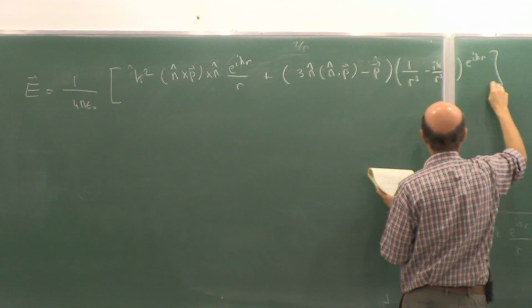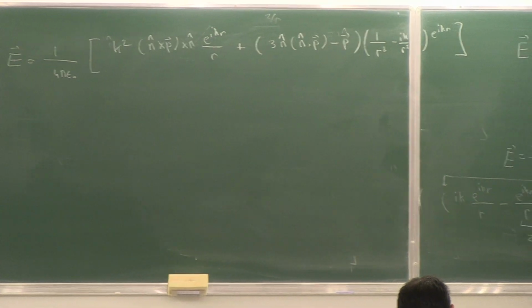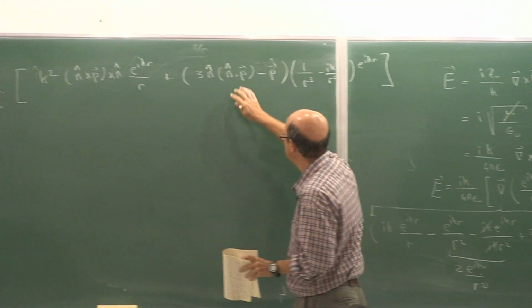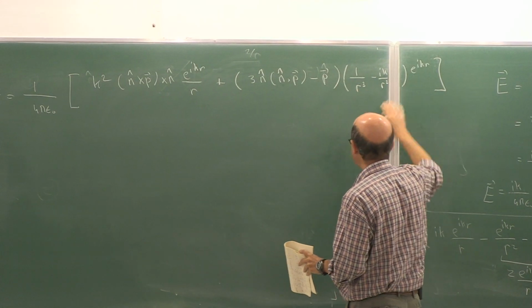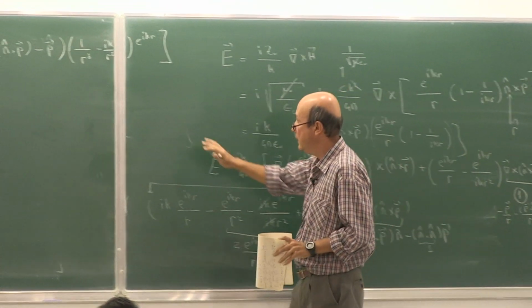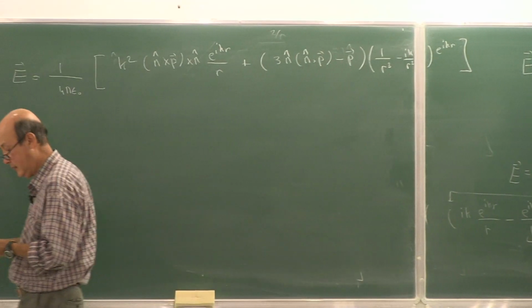Yes. So if you take the coefficients of n dot p n, you will get this bunch. If you take the coefficient of p, you will obtain that. So you can verify this by yourself easily.